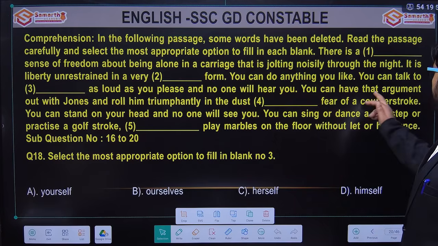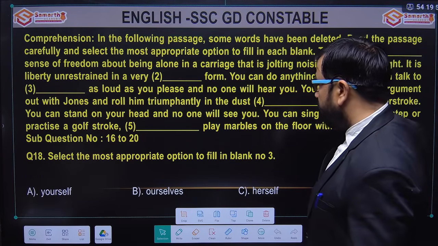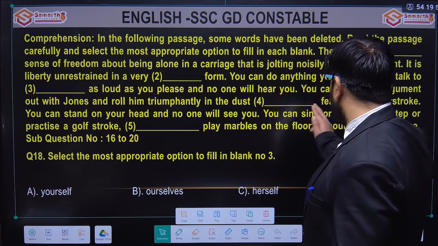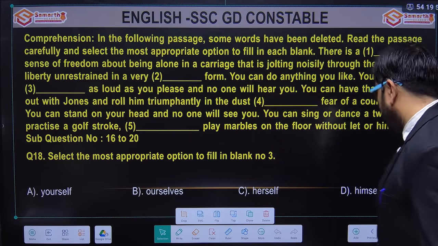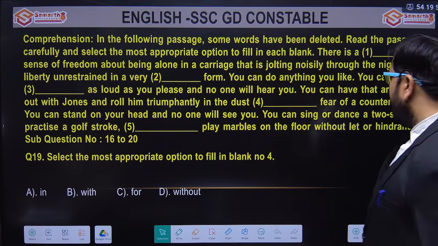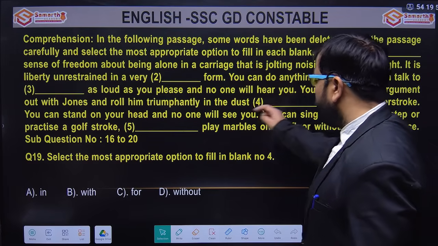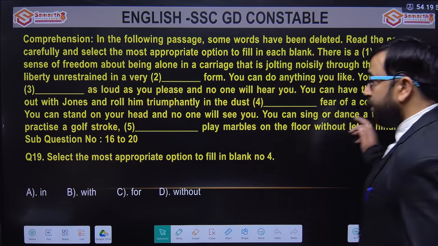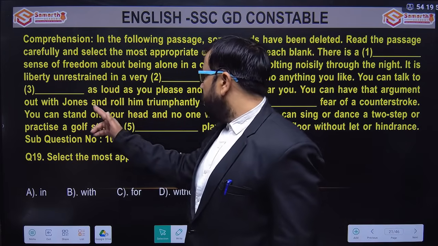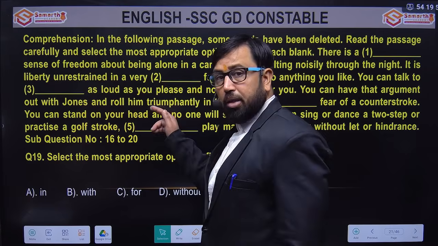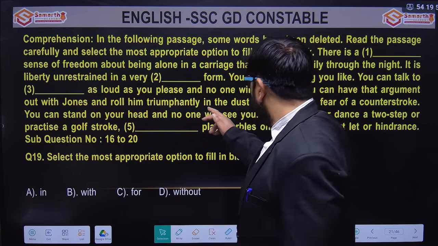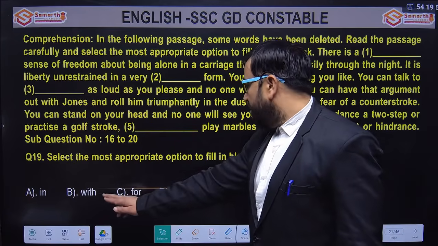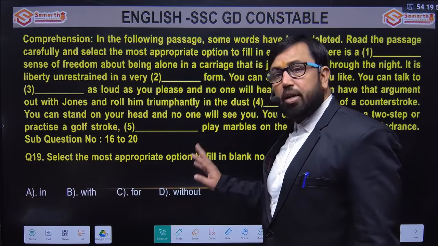Next one is: you can have that argument out with Jones and roll him triumphantly, meaning victoriously, in the dust dash fear of a counter stroke. The options are in fear, with fear, for fear, without fear.